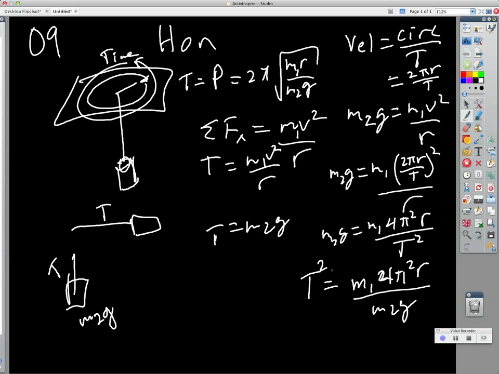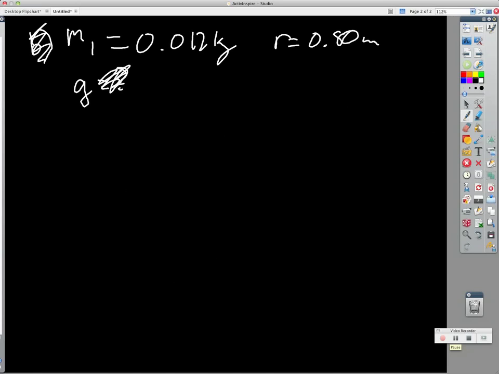So, okay, good. So now we say we've come full circle. I take the square root of the other side: T is the square root of m1 4 pi squared r over m2g, and that's what we started with. Okay. On the previous thing, we said T is the square root of m1 4 pi squared r over m2g, right?